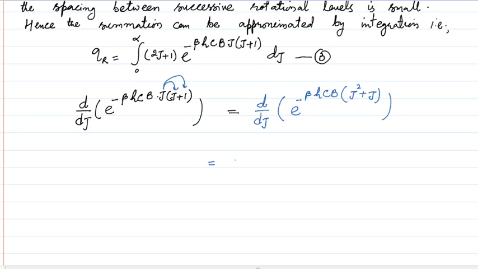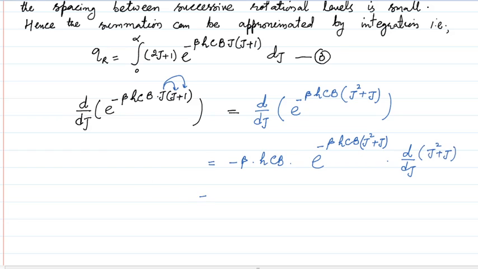So we can write it as minus beta h c B times e raised to the power minus beta h c B into j squared plus j, into the differential of this function, that means d upon dj of j squared plus j.